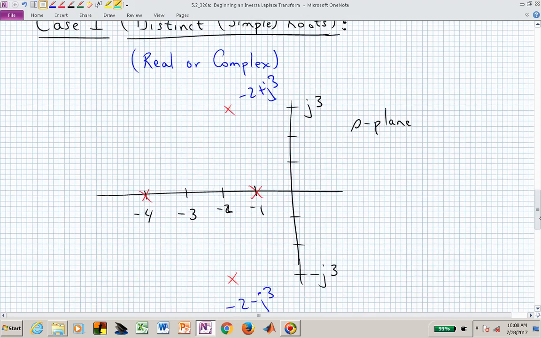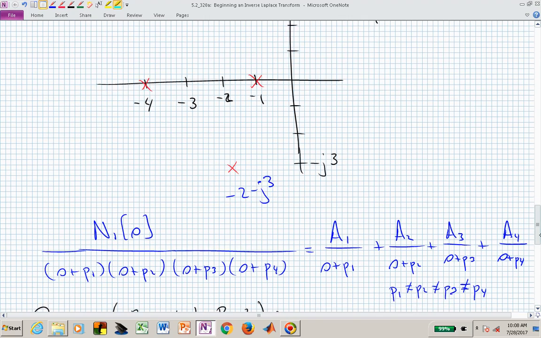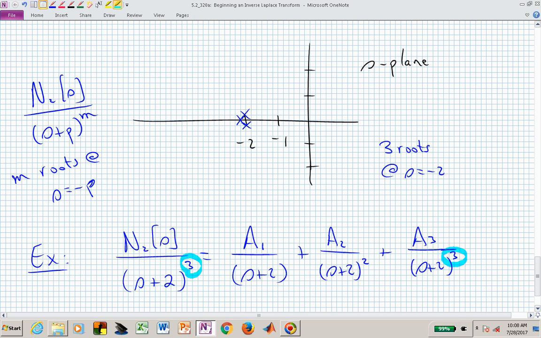Then we need to check to see if we have distinct roots, which allow us to have these simple factors on the right-hand side in our partial fraction expansion, or do we have to now keep track of multiple denominator factors associated with that same pole location, in this example at s equal minus 2. Those are the key issues that you have to be aware of in performing or setting up or beginning the process of performing inverse Laplace transforms.